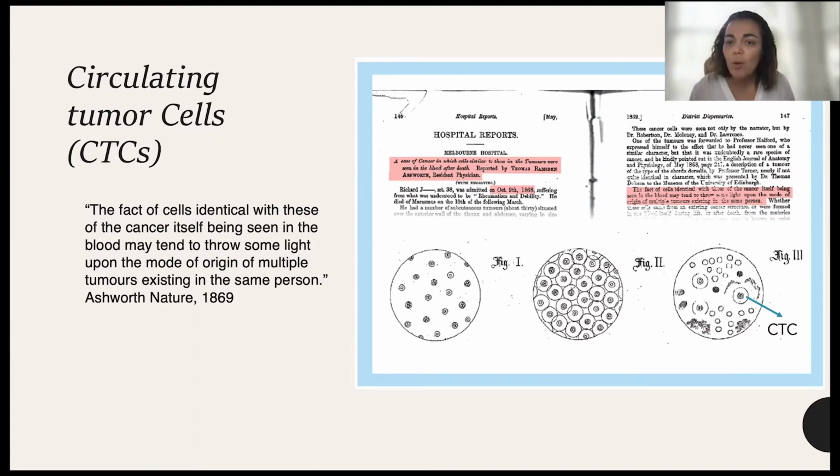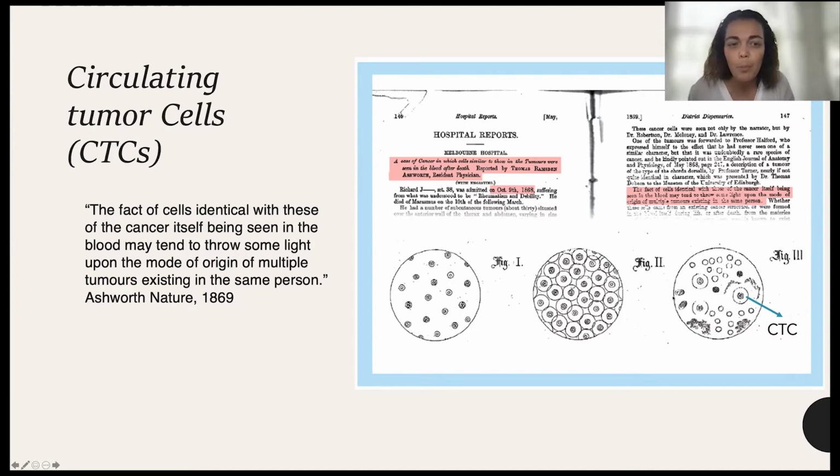We have to travel 150 years back for the first documented observation of the circulating tumor cell. It was in 1869 when the Australian physician Thomas Ashworth observed cells that closely resembled the primary tumor in the blood of a man who died due to a metastatic cancer.